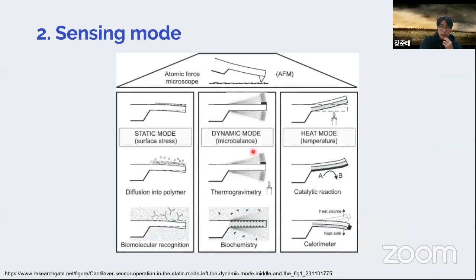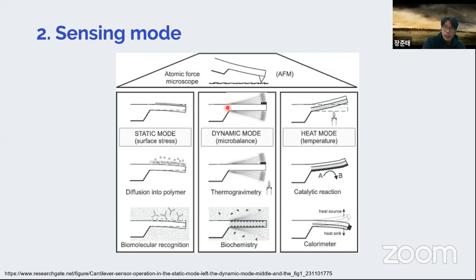The cantilever biosensors can be classified into 3 sensing modes. The first is static mode, the second is dynamic mode, and lastly is heat mode. Today I will deal with only static mode and dynamic mode. Static mode literally means the movement of the cantilever is static, so we can just measure the bending degree of the cantilever.